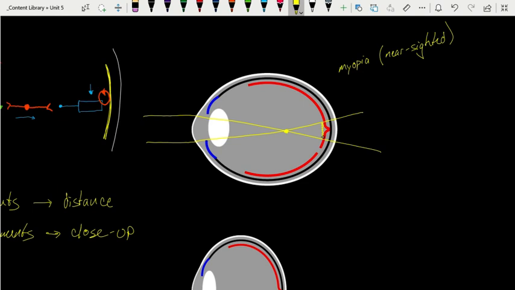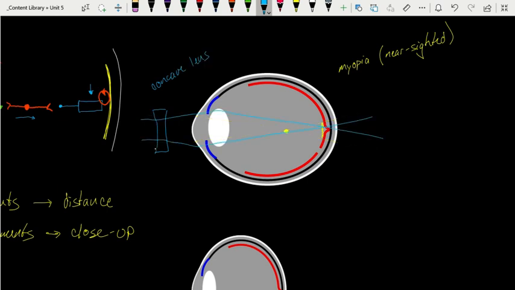Now, how do I go about fixing this? Well, let's come over here and let's add to this a concave lens. The concave lens focuses light to bounce outward.